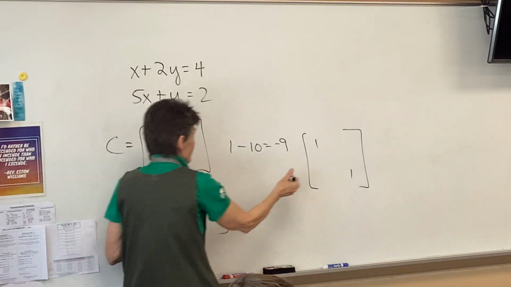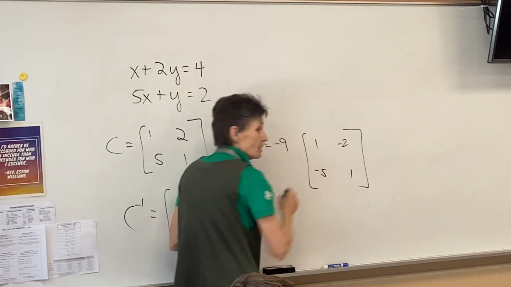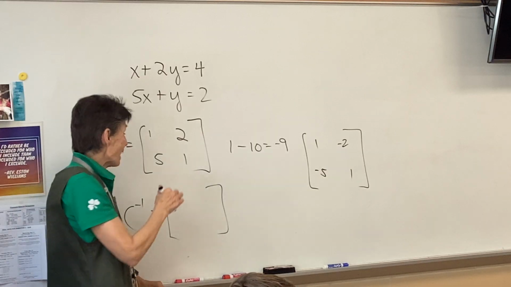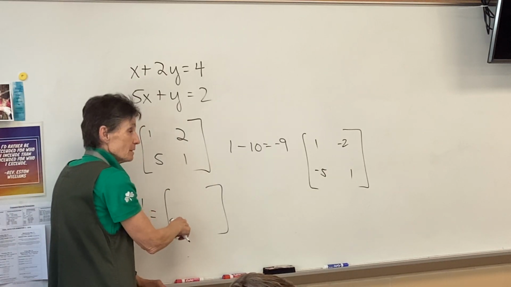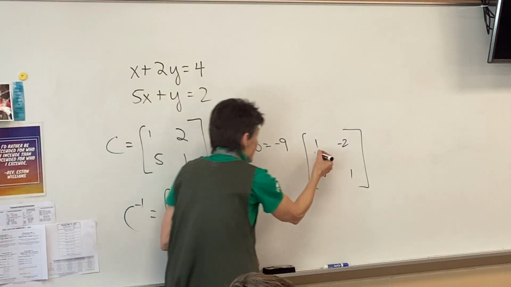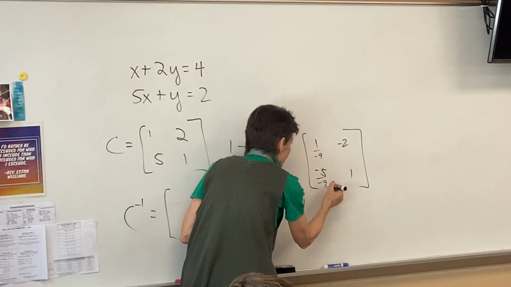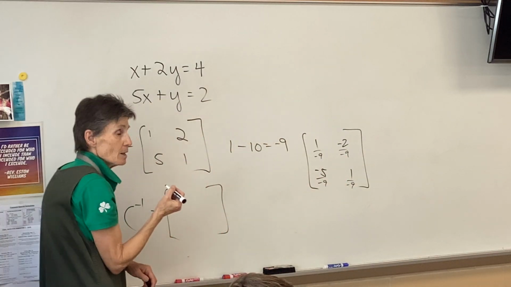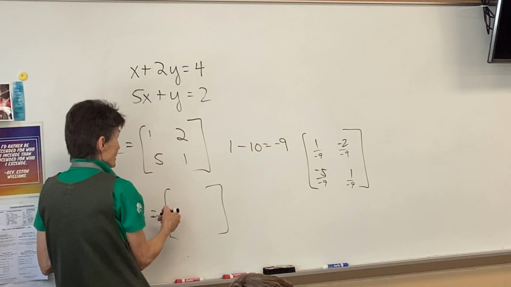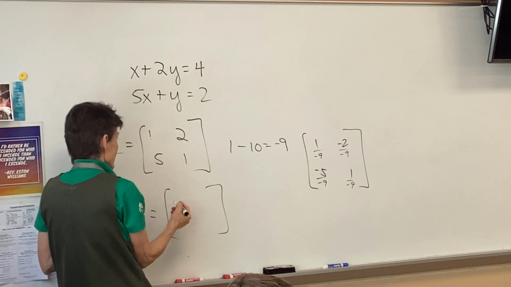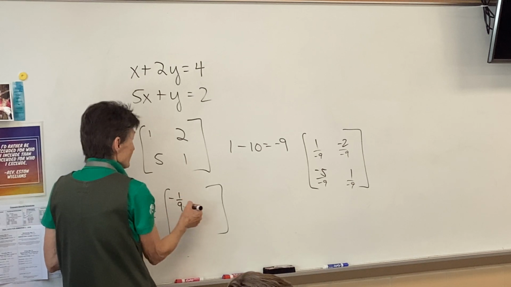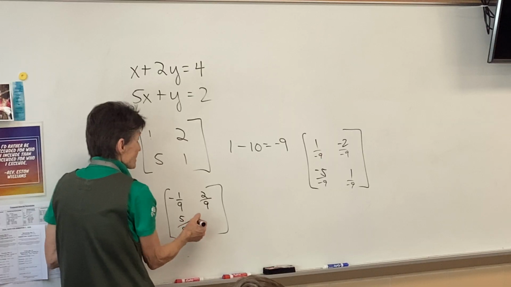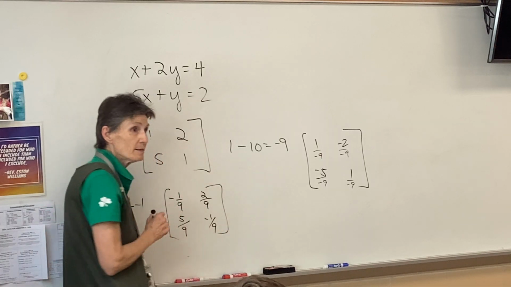And then these two, I change the signs. My inverse then is that matrix with everything divided by negative 9. So my inverse of my coefficients is negative 1/9, 2/9, 5/9, negative 1/9. Good?